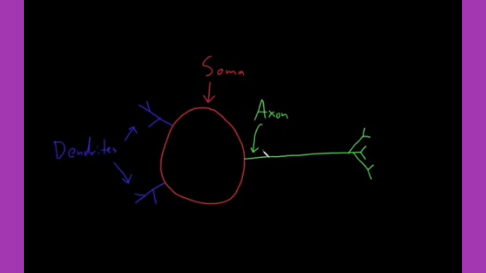Large axons are usually wrapped in a sheath of a material called myelin. And axons that have a myelin sheath have little gaps between these segments of myelin called nodes of Ranvier. So this sheath I've drawn in yellow is the myelin.